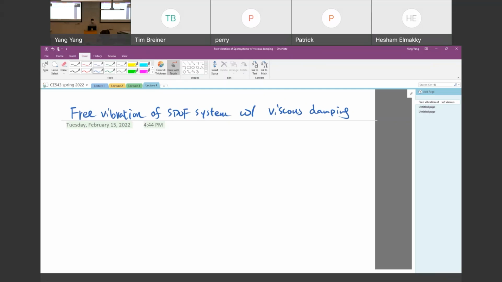So basically, tonight we will go over the equation of motion firstly, and we will see what would be the solutions to the equation of motion if there is damping for the single degree of freedom system here. And also introduce you to some application solutions to the dynamic equations here.